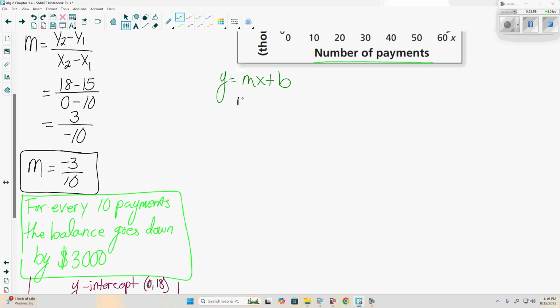Because our slope is -3/10. Our b value, the y-intercept, is what? 18. Because the b is the y value at the y-intercept. And the y value at the y-intercept is 18. So that tells us the equation is y equals -3/10 x plus 18.